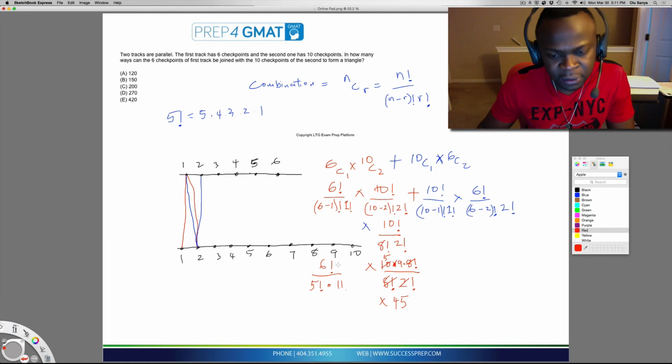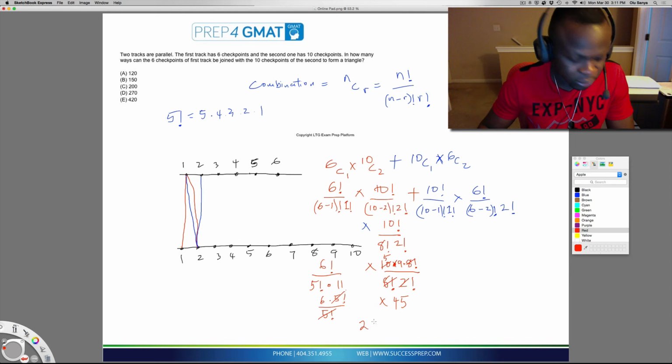If I break this down some more, that ends up being 6 times 5 factorial over 5 factorial. The 5's cancel. So essentially this is 6 times 45, which is 270 there. Again, just to save some time, when you do the same factorial setup all the way here, you're going to get 150. Okay, so plus 150.